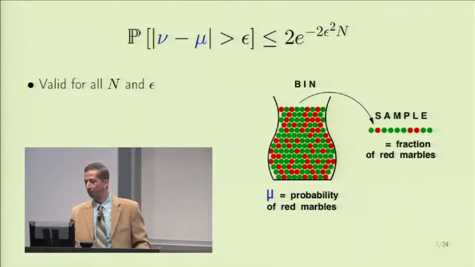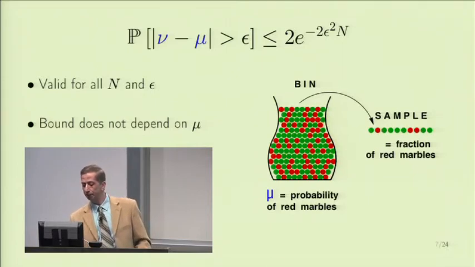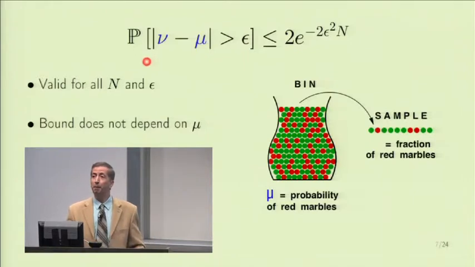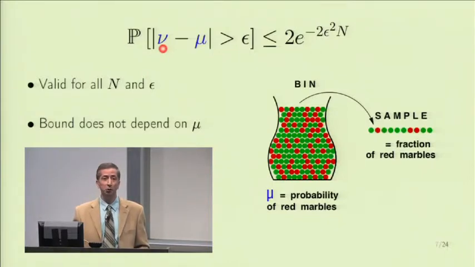Now, one observation here is that if you look at the left-hand side, we are computing this probability. This probability patently depends on mu. Mu appears explicitly in it, and also mu affects the probability distribution of nu. Nu is the sample of n marbles you picked. That's a very simple binomial distribution.